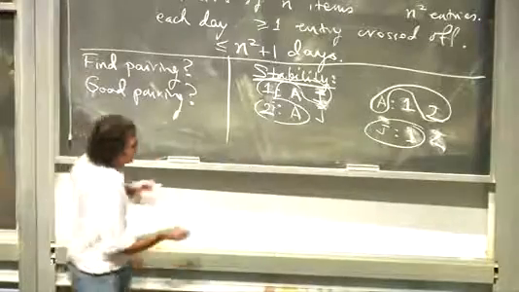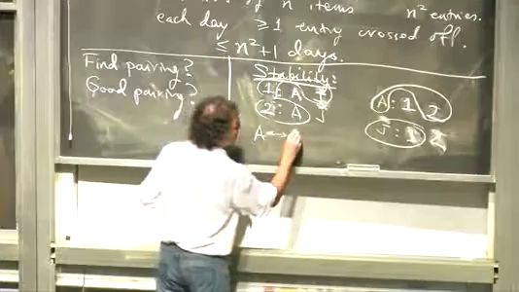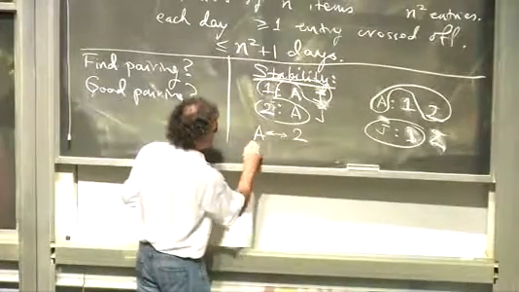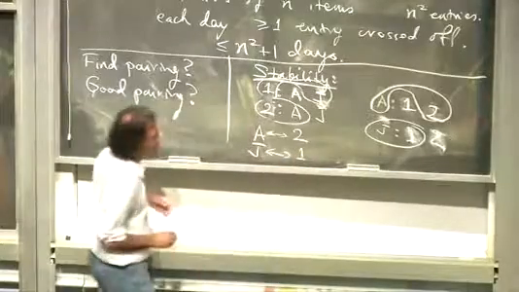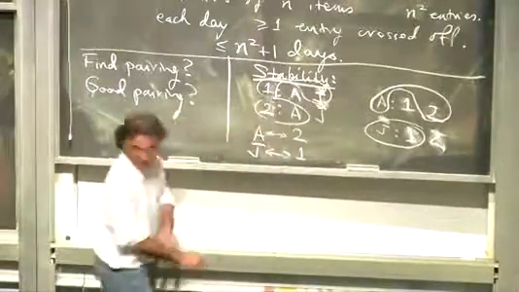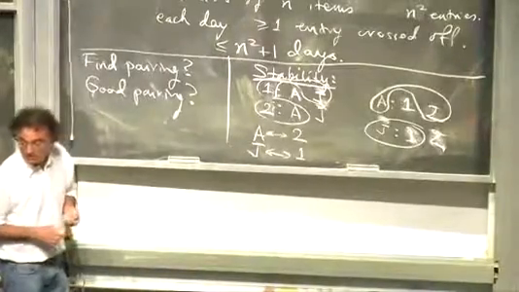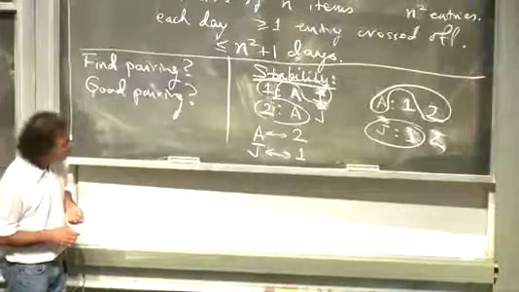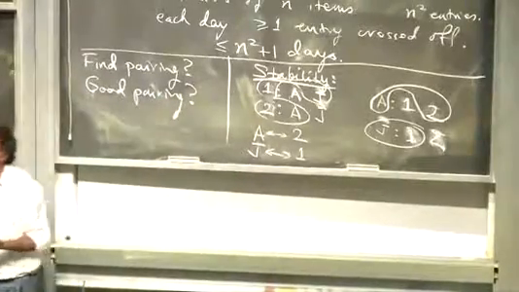So our pairing is A is matched with 2 and J is matched with 1. Which ones are the men? 1, 2 are the men, and the others are the women, let's say. It doesn't matter. It's symmetrical. One doesn't like you. Well, yeah, of course. That's life, right?